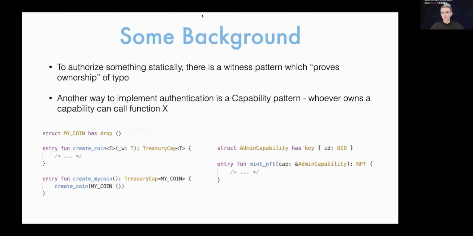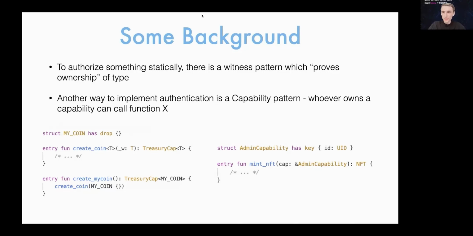So let's start with defining the base terms. Usually, most of the frameworks know this thing that if we need to authorize something statically, and if we can prove that we own a type, we use a witness pattern. It's on the left. When we create a coin, it was in the Diem framework. We have it in Sui.